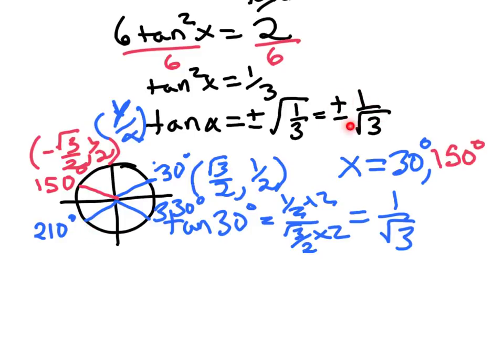You'll end up with positive 1 over the square root of 3 at 210 degrees. And then at 330, x is positive, y is negative, so we'll have negative 1 over the square root of 3 as our ratio. Because of that plus or minus when we took square roots, these are all solutions to the equation: 30 degrees, 150 degrees, 210 degrees, 330 degrees.